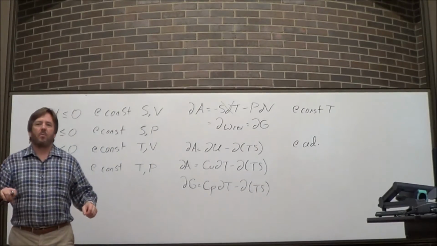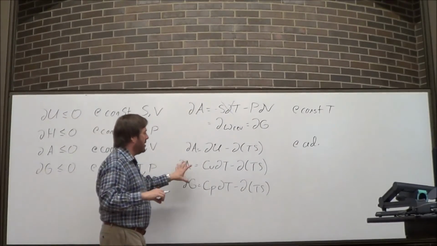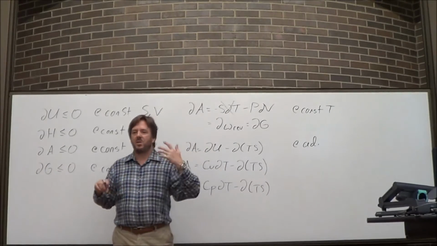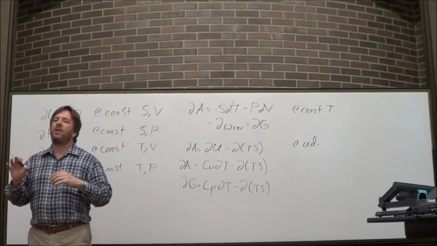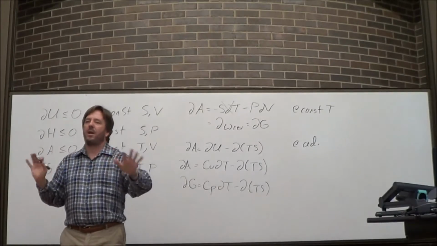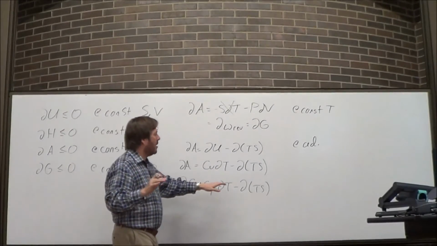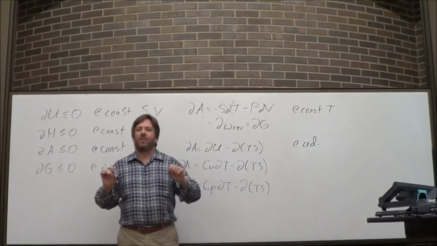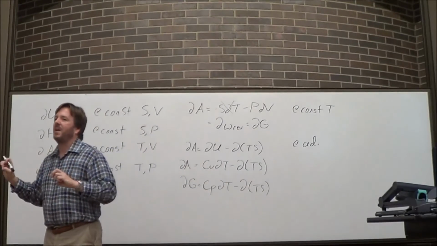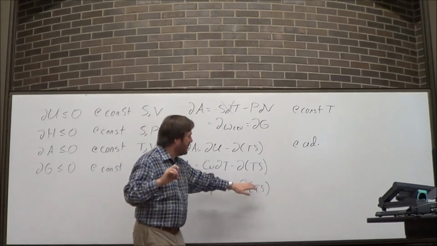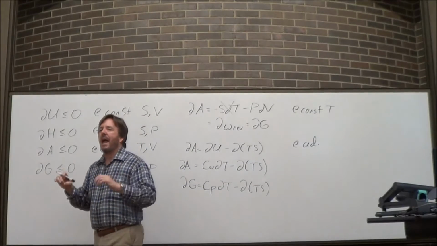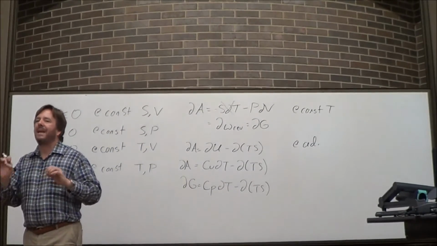Now remember that we often run into equations where we're calculating the change in PV, in which case I insert nR change in T. We saw that a whole bunch of times. So where's my equation for TS right now? I have an equation for P times V, and when I run into that, I had no problem. But I have no perfect gas equation with a TS in it.